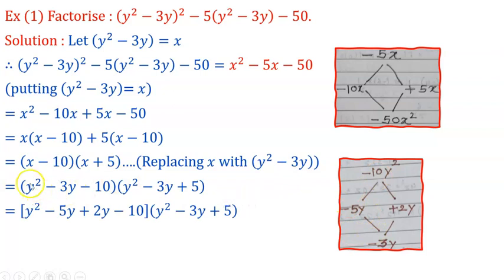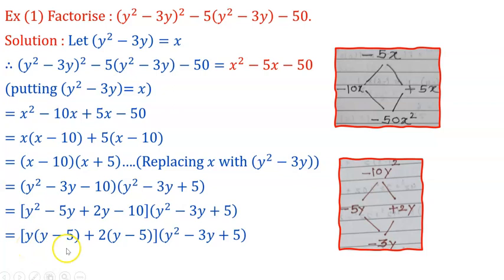And hence we'll replace minus 3y by minus 5y plus 2y, minus 10. Now take y as a common factor from these two terms and plus 2 from these two. Okay, now see this here: take the common y, then in the bracket you will get y minus 5. From these two terms take 2 as a common factor; then in the bracket you will get y minus 5.